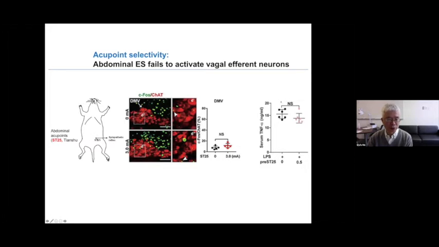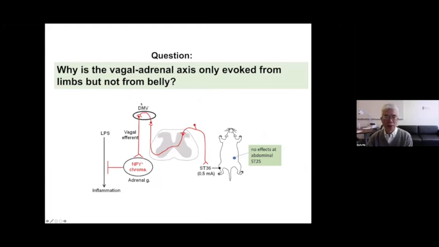or any abdominal region, even with high intensity electricity, you cannot induce c-Fos in the vagal parasympathetic efferent neurons. And when you use a low intensity stimulation, which can reduce inflammation from the hindlimb region, you cannot do it in the abdominal region. So this is really showing that there is some kind of acupoint selectivity.